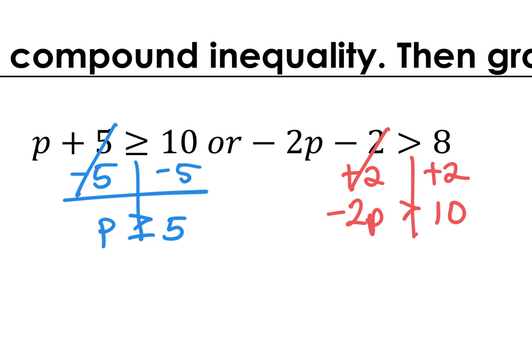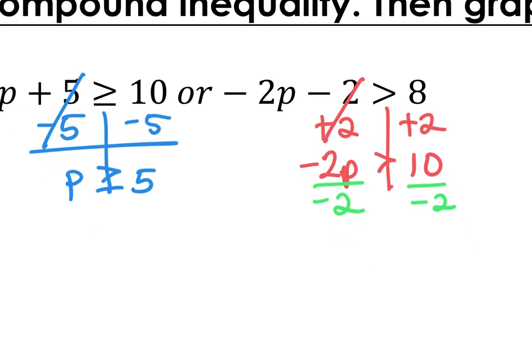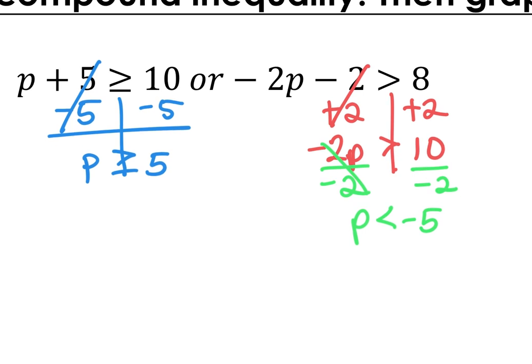And then my last step there to get p by itself is divide by that coefficient. So we'll divide by -2. What happens when we divide by -2? Very good. We change that inequality sign. And then 10 divided by -2 is -5.